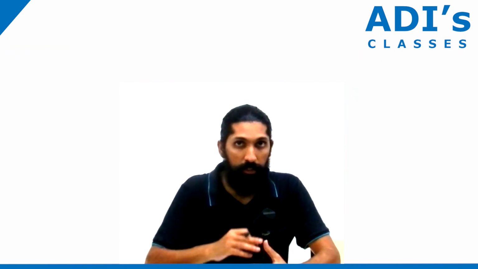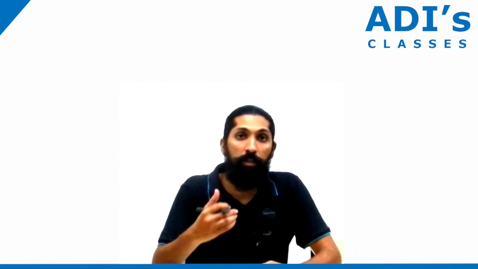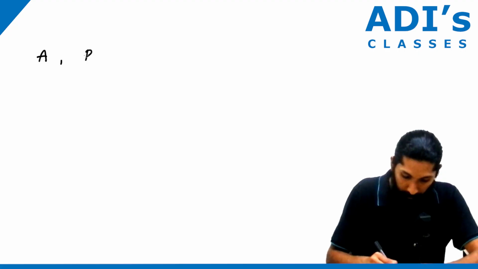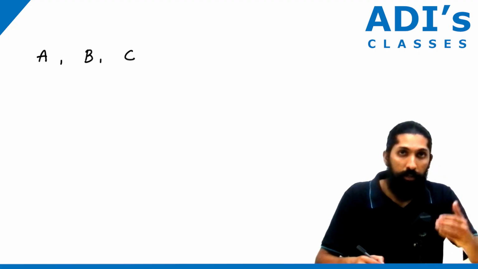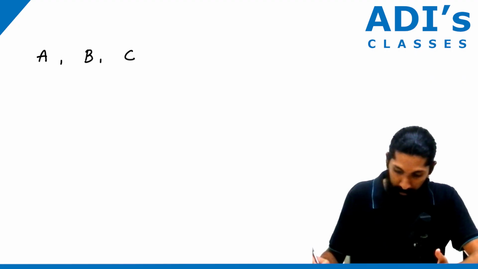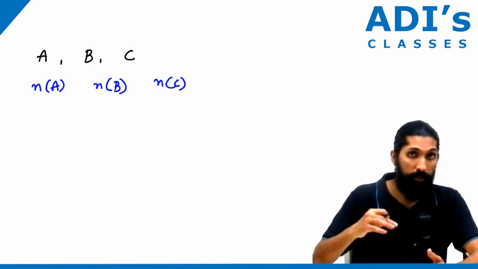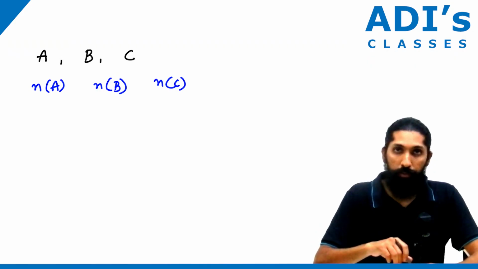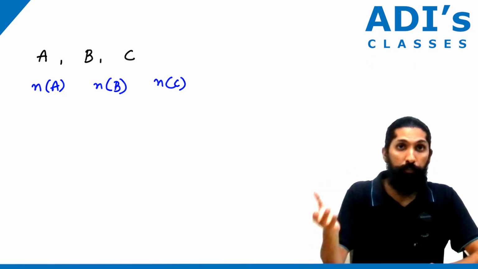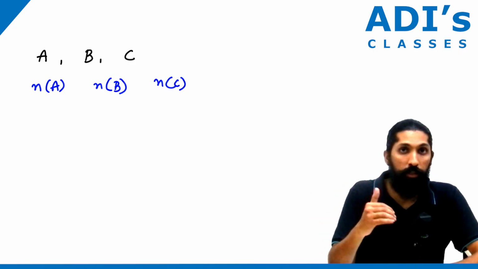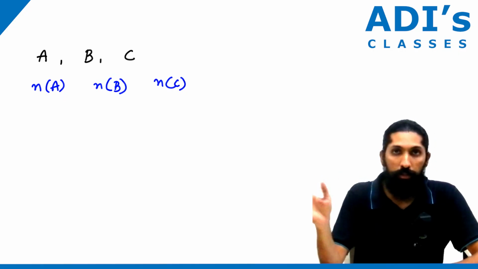Suppose we have three sets, say A, B, and C, and we'll try to figure out the relation between them. The number of elements in the sets is represented as n of A, n of B, and n of C. Suppose there is one category of people who read only the Hindu newspaper, one more category who read only Times of India, and one more category some other one.